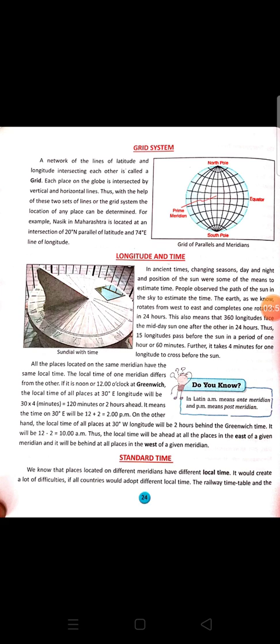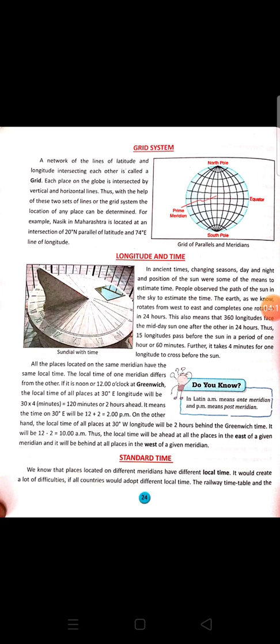The earth, as we know, rotates from west to east and completes one rotation in 24 hours. This also means that 360 longitudes face the midday sun one after the other in 24 hours. Thus, 15 degrees of longitude pass before the sun in a period of 1 hour or 60 minutes.